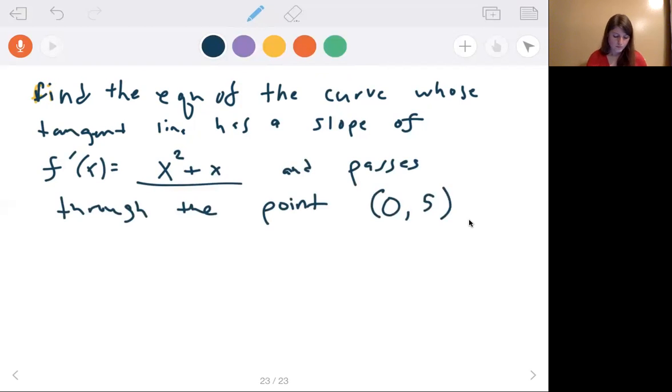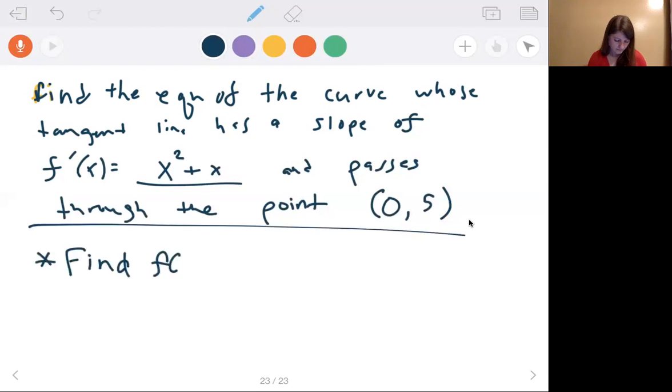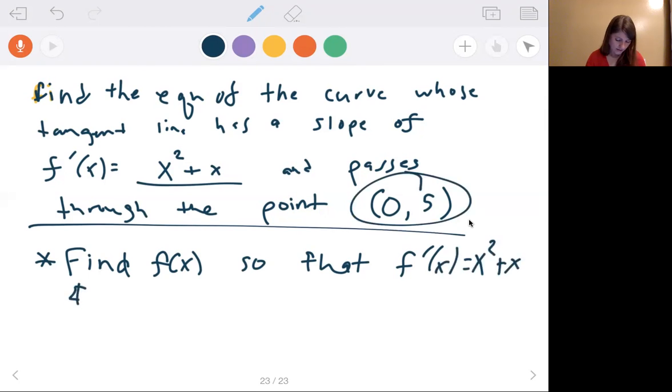So in this particular case, we're trying to find f of x so that the derivative is x squared plus x. That's another way to say it. And think about this. If your function or your curve passes through 0, 5, what that's telling you is f of 0 equals 5.